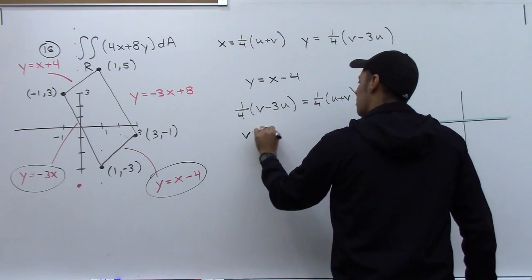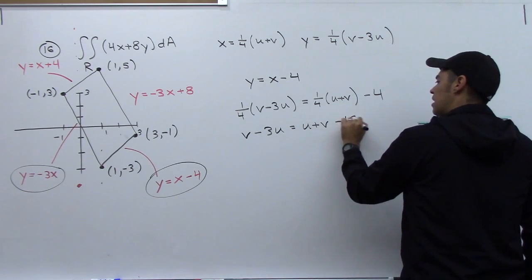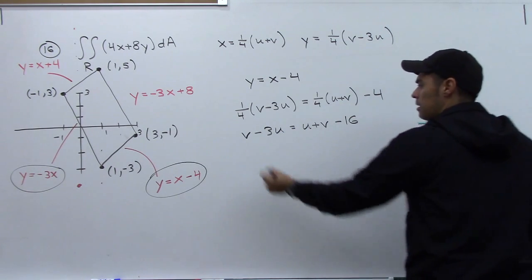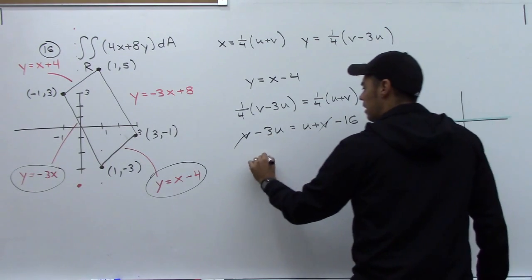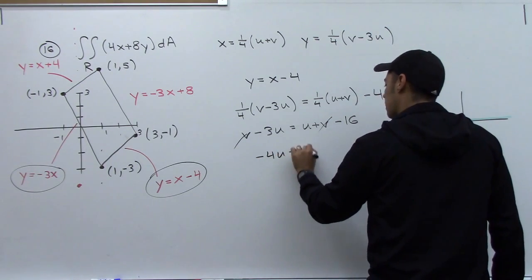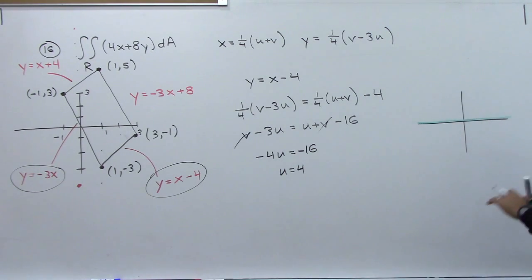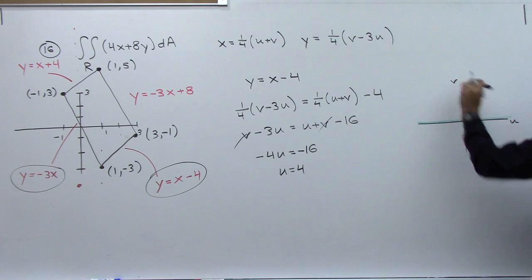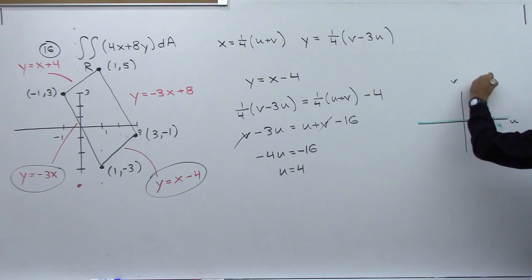So v minus 3u equals u plus v minus 16, and then the v's will cancel. I can move the u over there. I get negative 4u equals negative 16, so u is 4. And if I graph that over here, remember this is the uv plane. U is 4. It's like this.